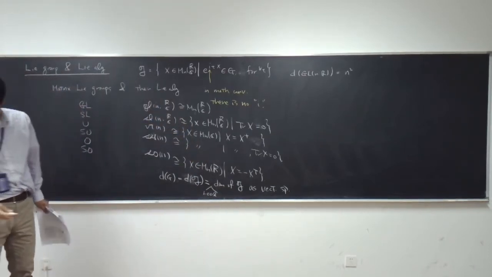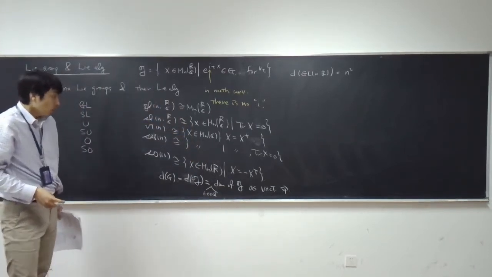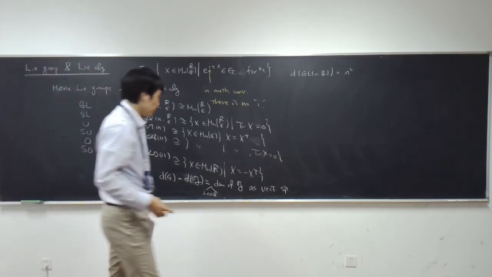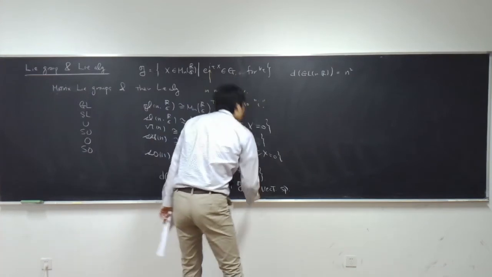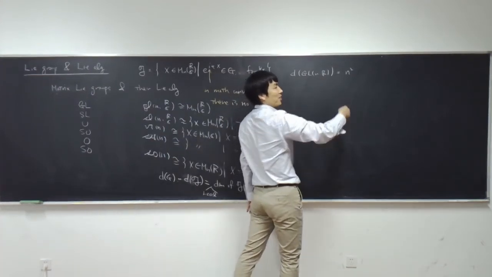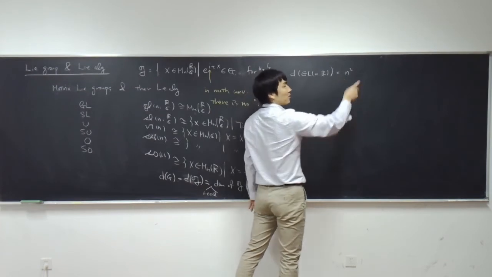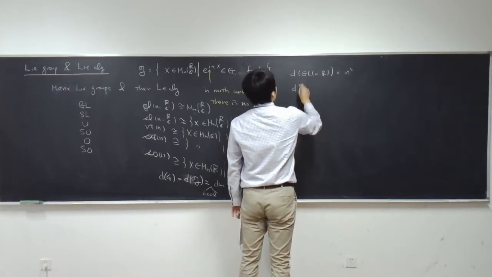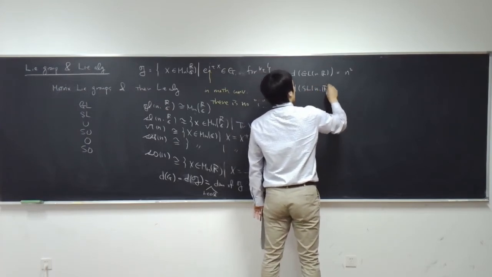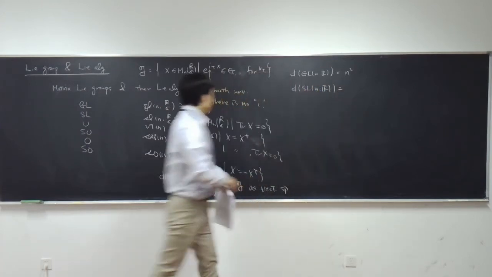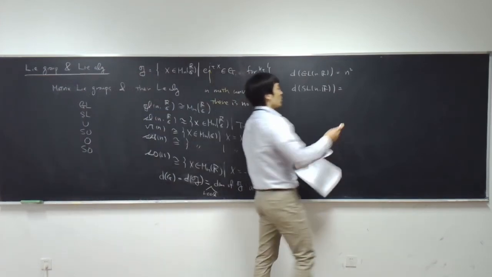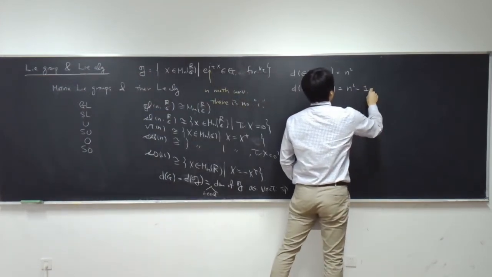Of course, if you use C, you have double, 2 times n squared. For SL(n, R), you have to impose one more condition, so you get rid of one degree of freedom: n squared minus 1.